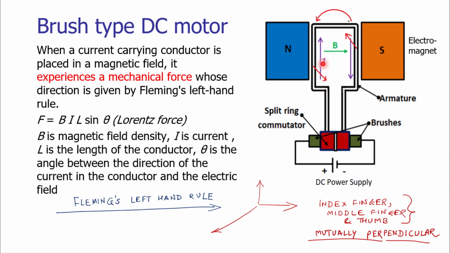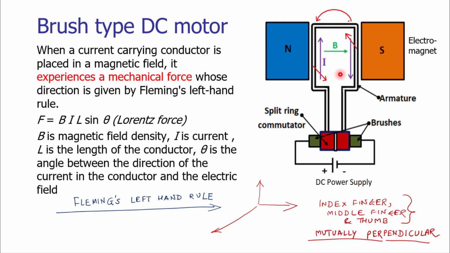Now if we apply Fleming's left-hand rule over here, the index finger is representing the magnetic field, the middle finger is representing the current which is flowing across the magnetic field.